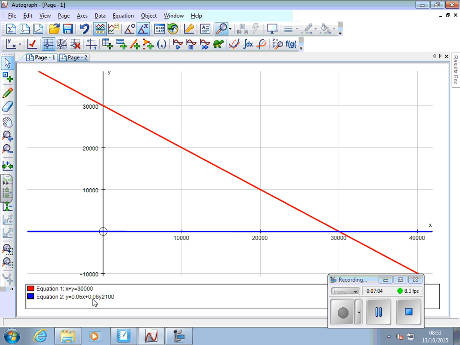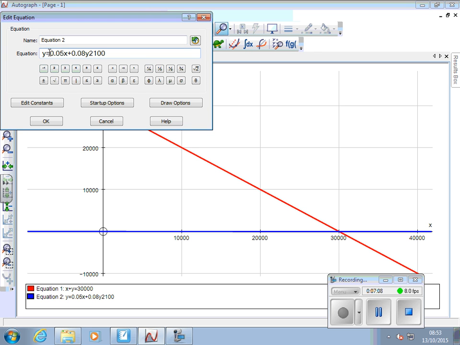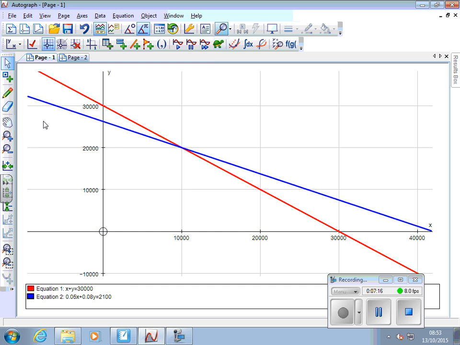Must have made a mistake. Oh yeah, equals 2,100. I wasn't writing what I was saying. Okay. There it is. We now know that anywhere along this line, whatever she invests out of her £30,000, 5% at that value, 8% at that value, and so on, then I'll get 2,100 at every point where I add them up.